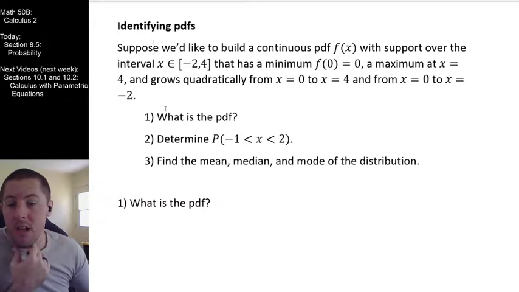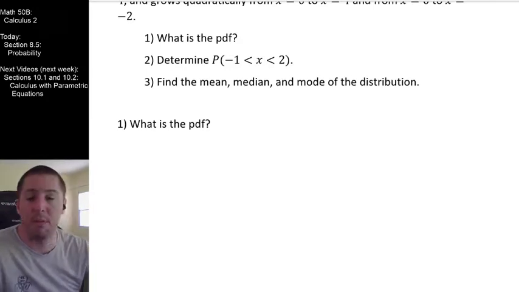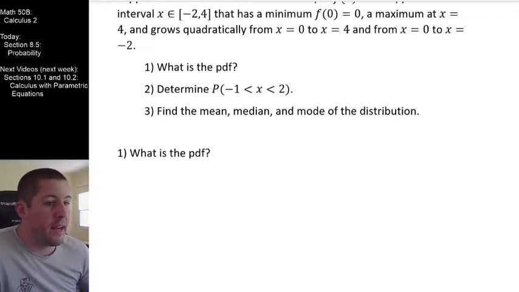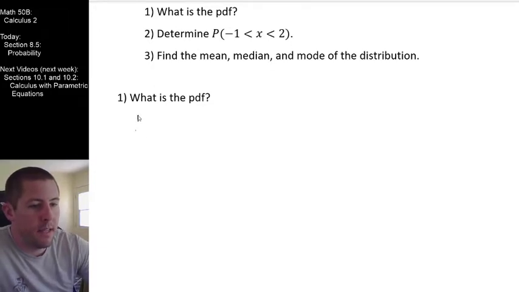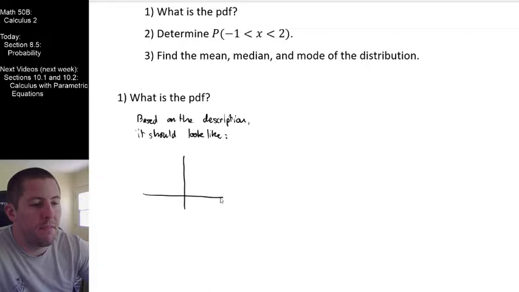So basically, I'm saying it's a quadratic function. Oh wait, did I say the value at -2? No, we don't know where that is, but we know what the min and the max are going to be. Based on the description, I know that it's a quadratic, and that the minimum of the quadratic goes through the origin right there.